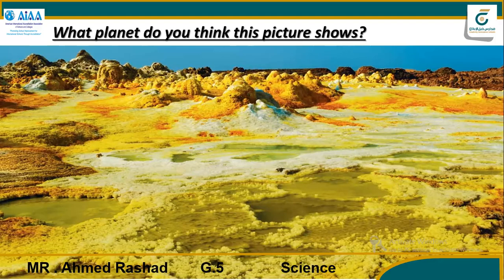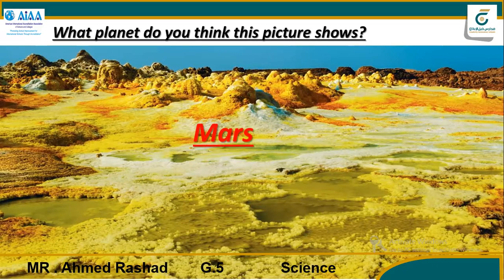So here in this picture, are there any conditions for keeping humans alive? Absolutely not. It's only a red planet with rocks and other materials like rust, or iron oxide. So that's absolutely not planet Earth. You heard before about the red planet Mars.